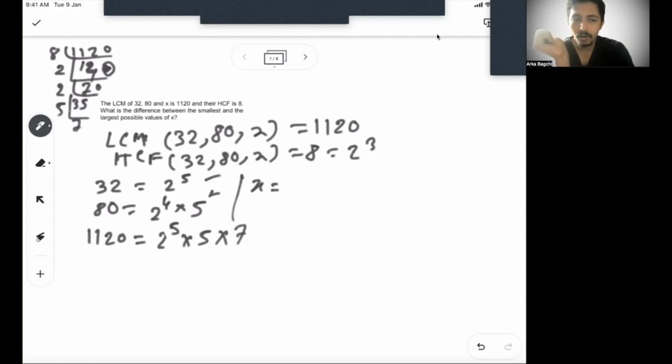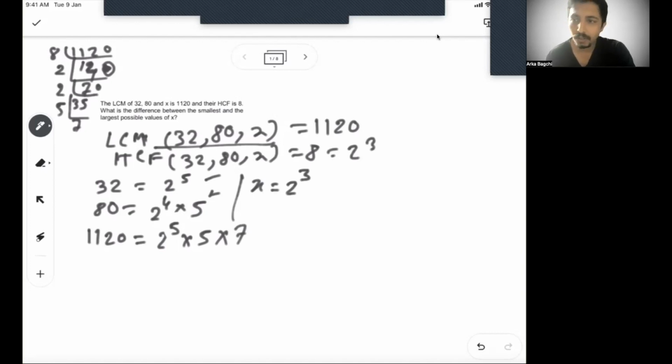If it were 4 or 5, the HCF would no longer be 8. So x can have at most 2 cube.